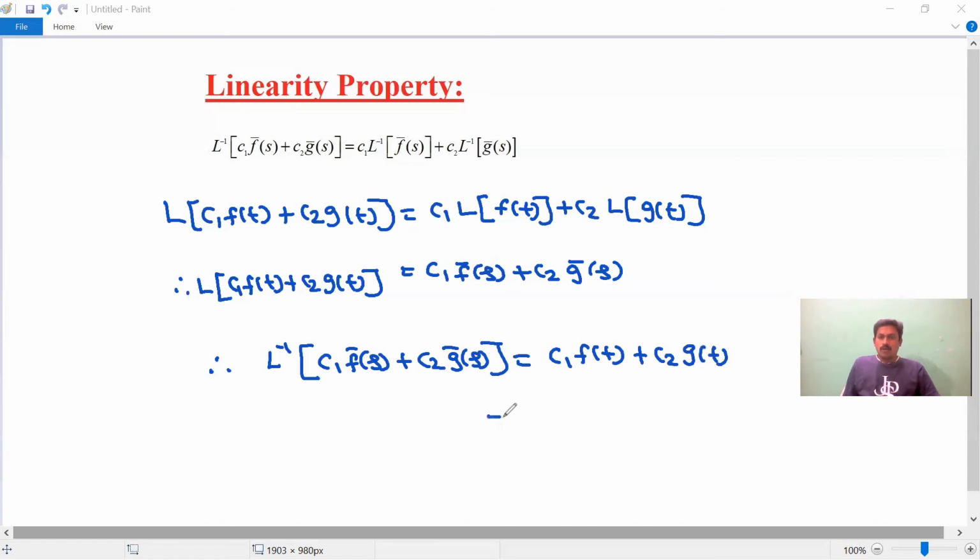So we know that f of t is nothing but L inverse of f bar of s, and g of t is nothing but L inverse of g bar of s. If we know the linearity property of Laplace transformation, we can easily derive it for inverse Laplace transform also.